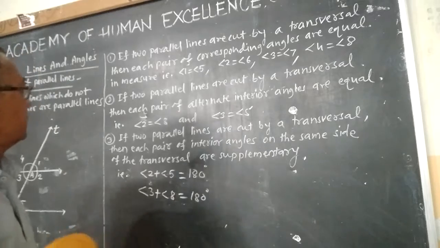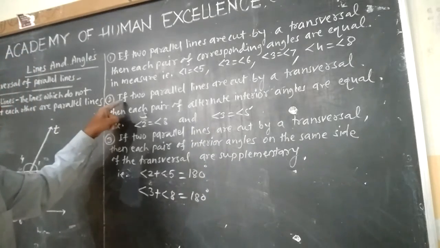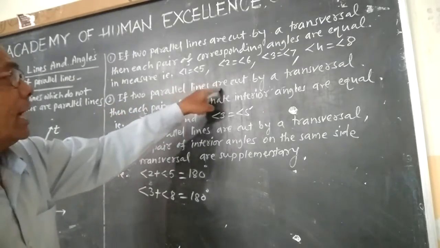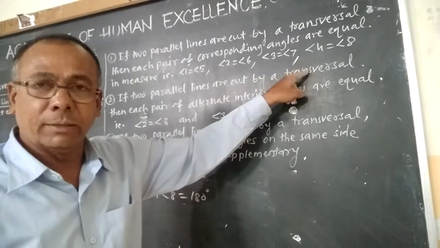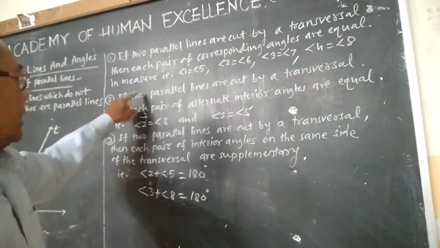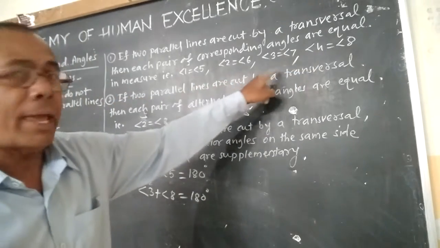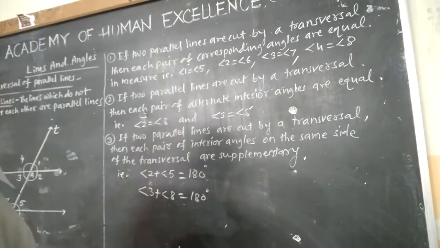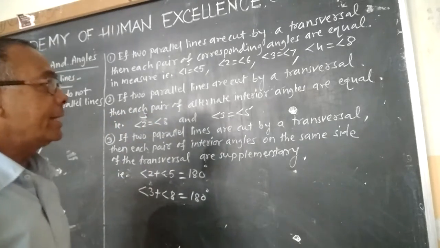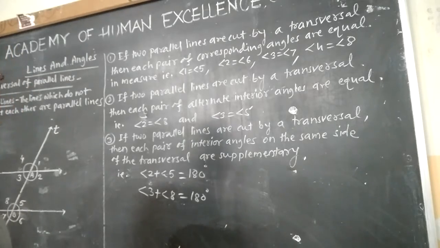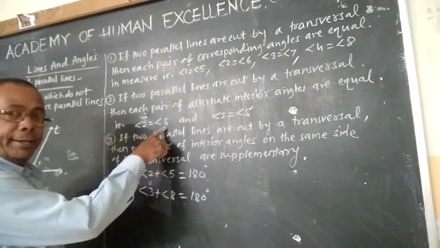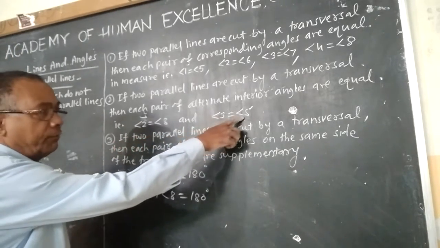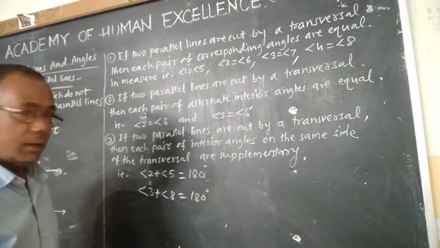Understand? Now it is given that if two parallel lines are cut by a transversal, then each pair of alternate interior angles are equal. Here angle 2 and angle 8, similarly angle 3 and angle 5, are equal.